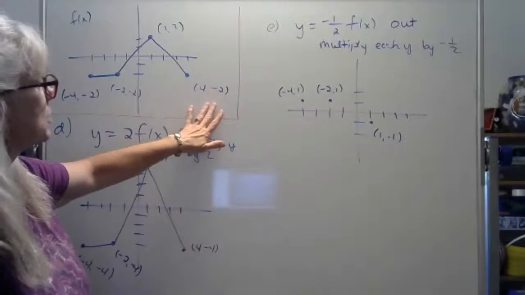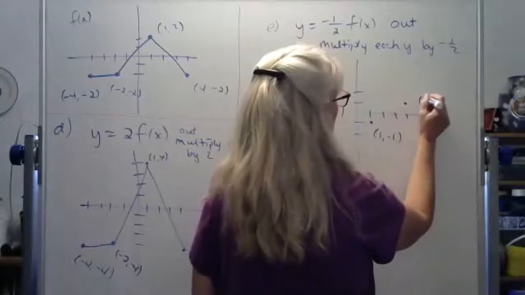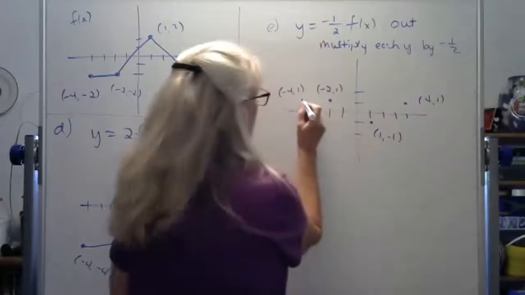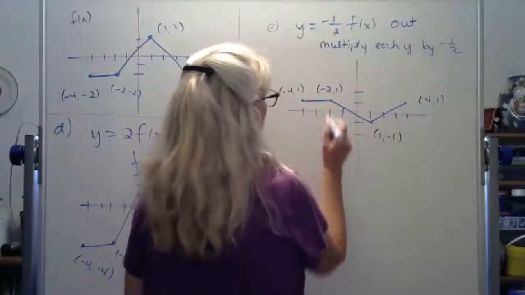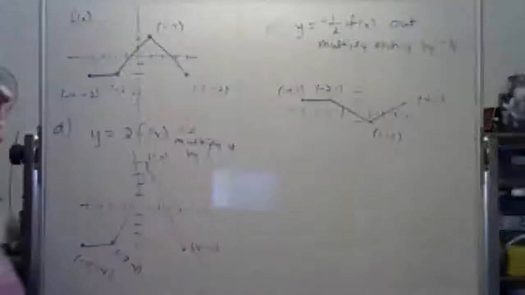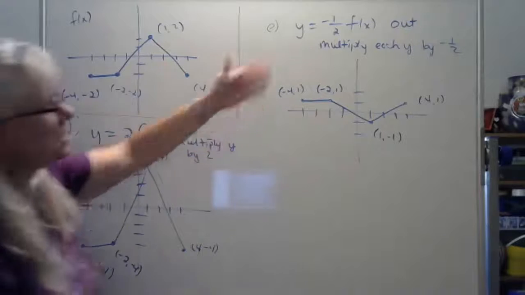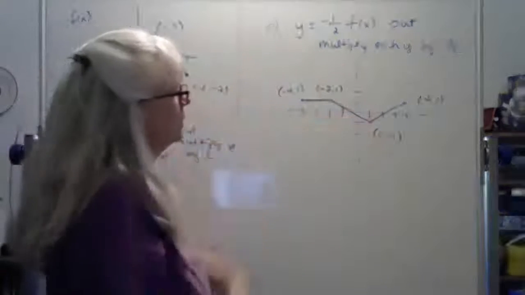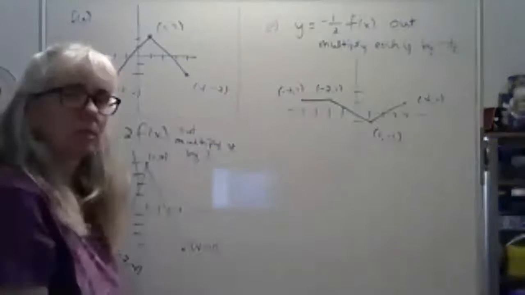And then finally, our last point that's at 4, -2 is going to be back up at 4, comma 1. So again, you're not changing the shape. So you still have the straight part, and then you have some increasing and decreasing. So it looks something like that. So we've flipped it top to bottom, and then we shrunk it. Okay. Any comments or questions about the transformations?